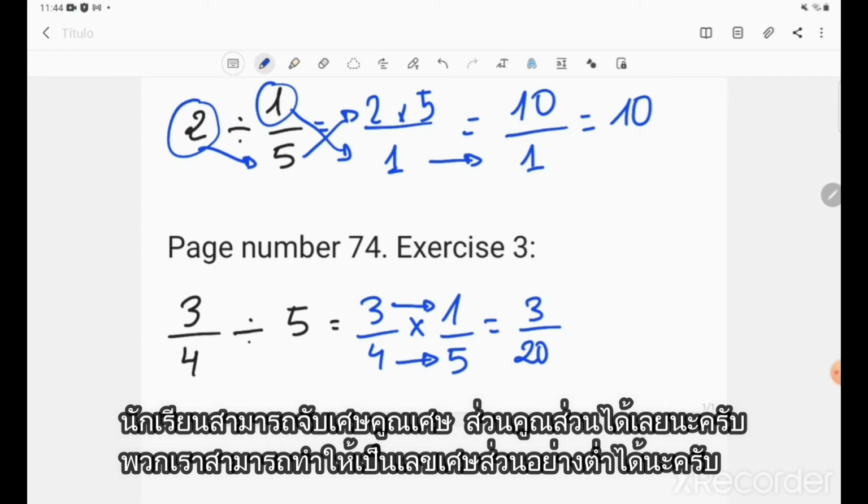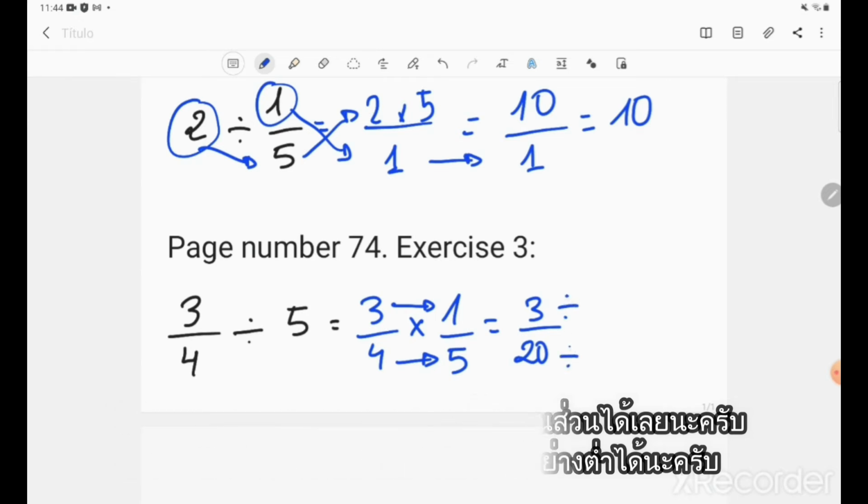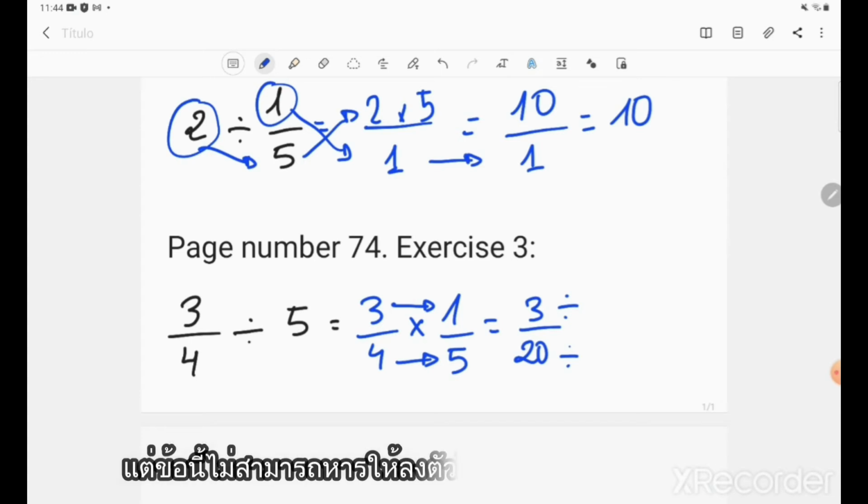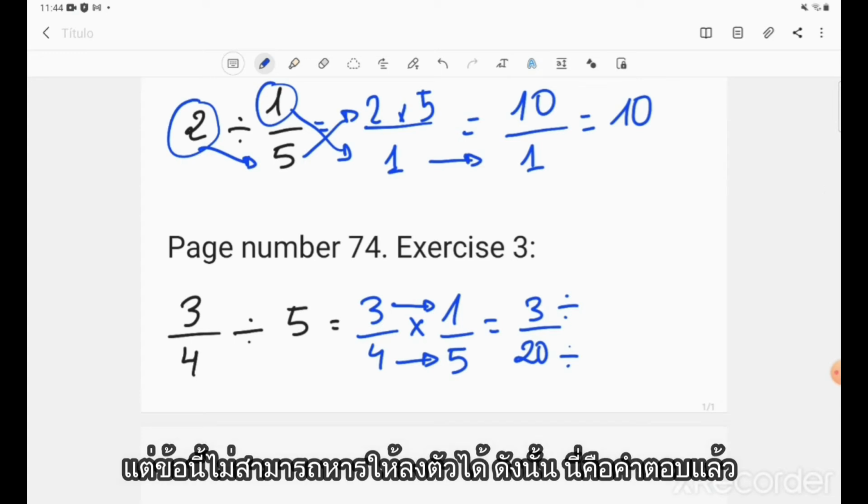Okay, we can try to simplify the fraction, but there's no number that we can divide to get a simpler fraction than this. So basically this is the final answer. Okay, 3 over 20.